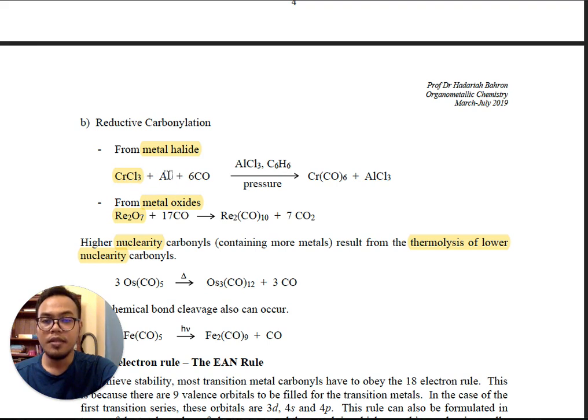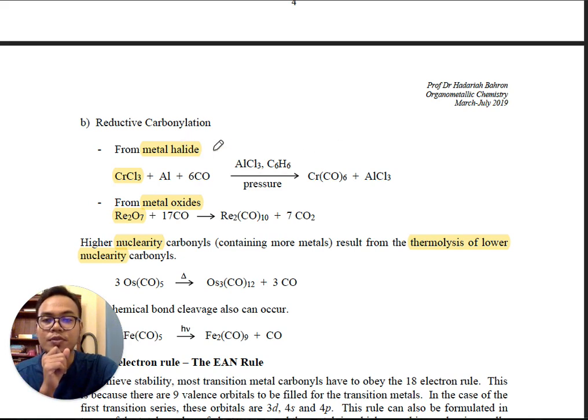You react it with aluminium and then carbon monoxide, and you are going to get your carbonyl complex. I'm sorry, the drawing is quite bad because I don't have a mouse here, but this is your carbonyl complex. This is called reductive carbonylation. Why so? Why can't we just call it carbonylation? This is another question that you have to answer, so we can discuss later in the WhatsApp chat.